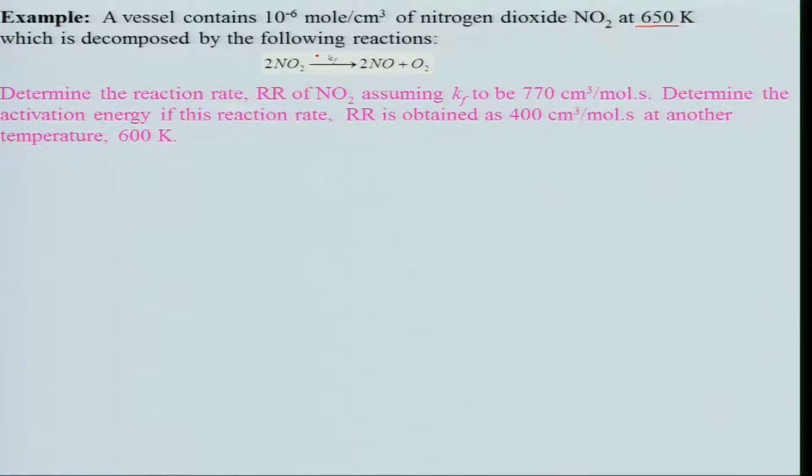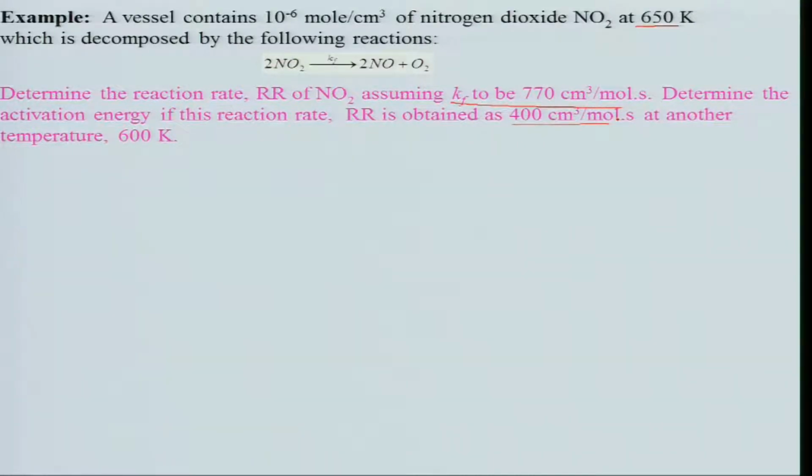We need to determine the reaction rate of NO2 assuming Kf to be 770 centimeter cube per mole second, and we also need to determine the activation energy if this reaction rate coefficient is obtained as 400 centimeter cube per mole second at another temperature, that is 600 Kelvin, right.